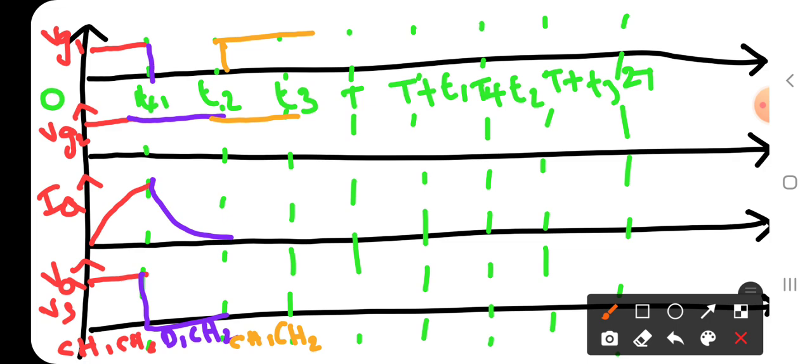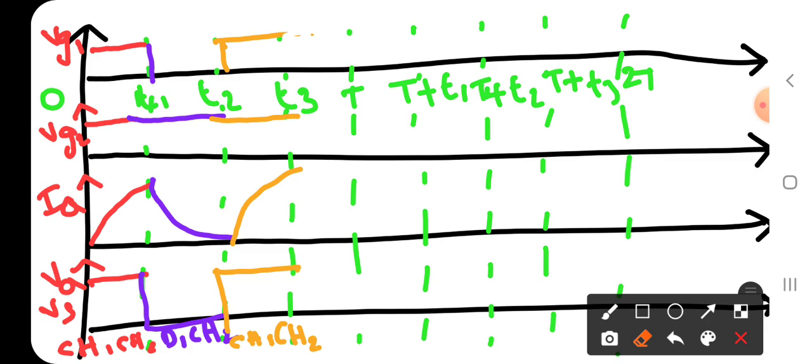Now what happened? Again, Ia is increased. As CH1, CH2 are turned on, Va is equal to Vs.